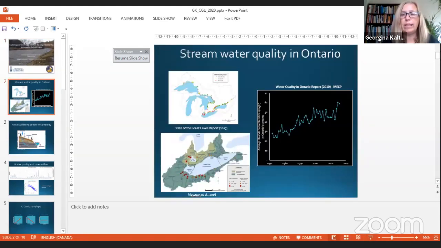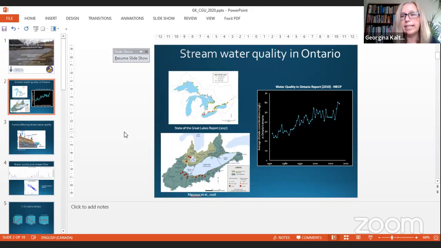Just very quickly, a very quick overview on stream water quality in Ontario. In Ontario, especially in southern Ontario, we have watersheds that are facing a number of stressors. We have watersheds with very high percent agricultural land cover and urban.